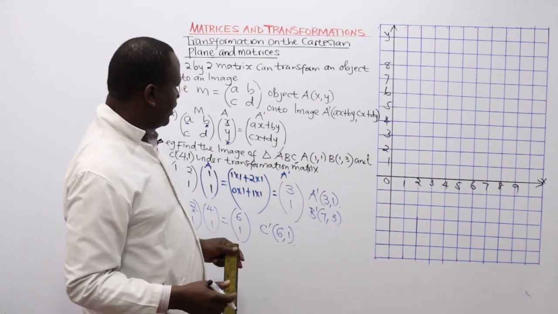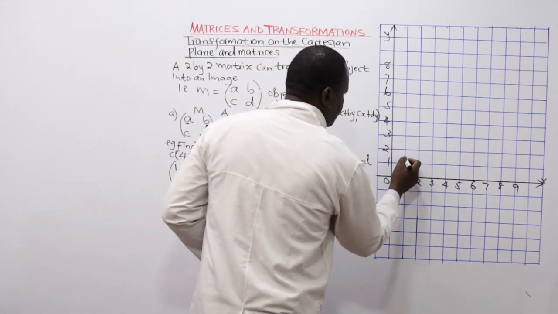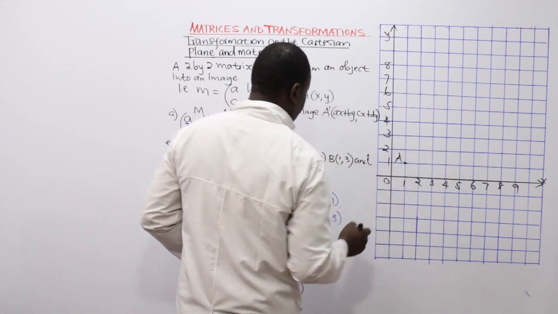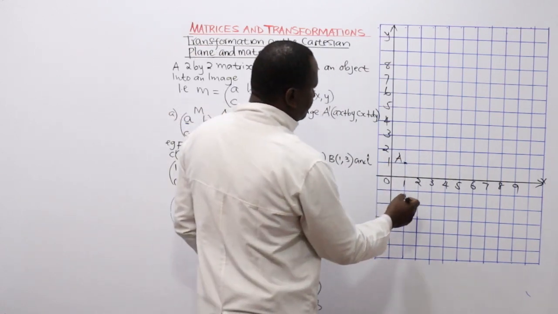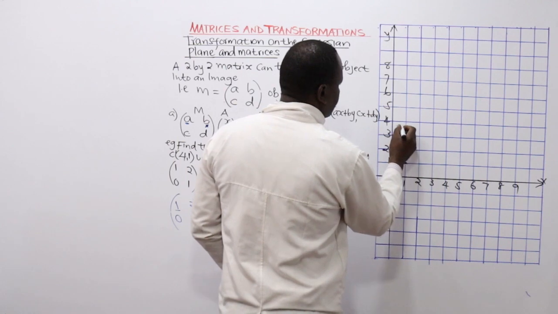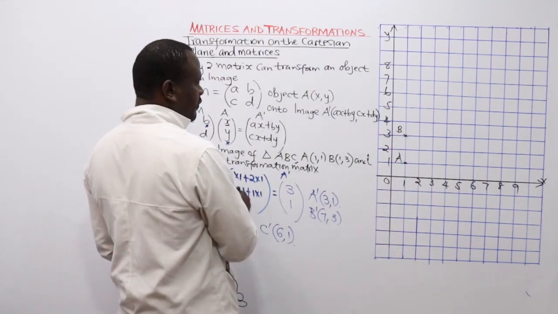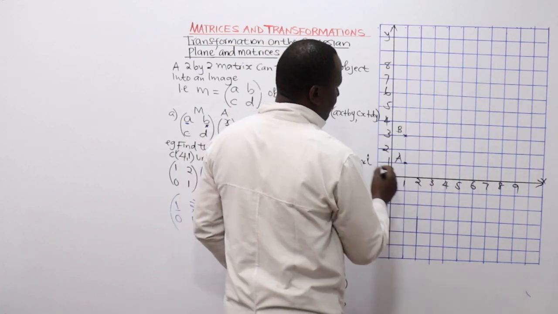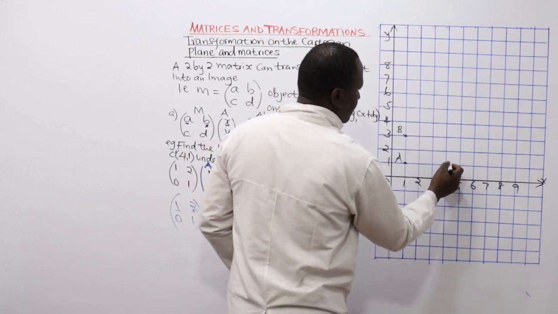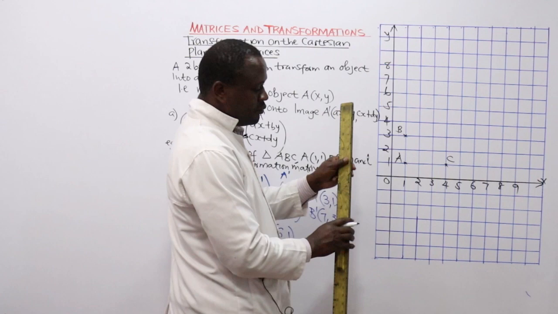So we plot A as 1, 1, B as 1, 3, C as 4, 1. Then we join with a ruler.